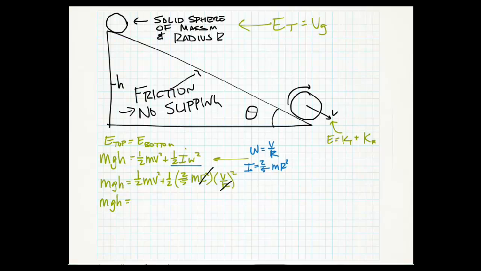So mgh is equal to 1/2 mv squared plus, what is that going to be? These 2's go away. So 1/5 mv squared. 1/2 mv squared plus 1/5 mv squared. So mgh is equal to 1/2 plus 1/5, let's see, is 7/10 mv squared. My m's go away.